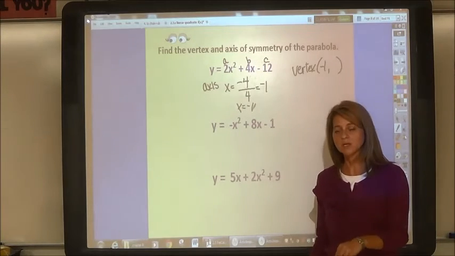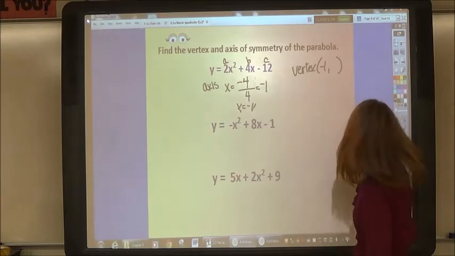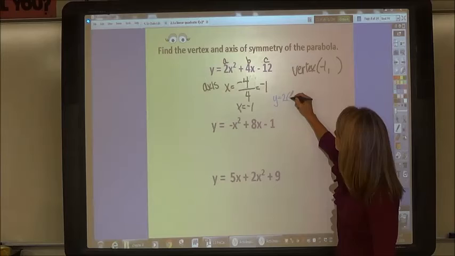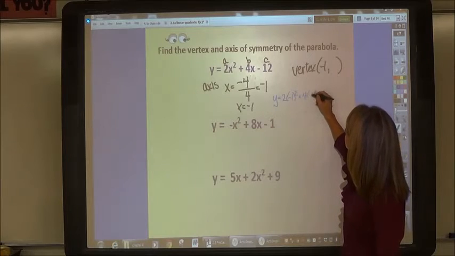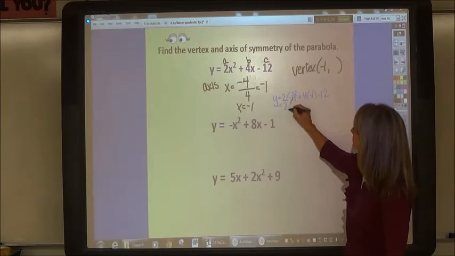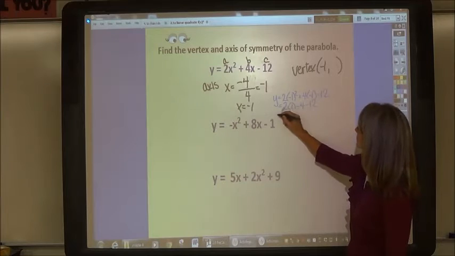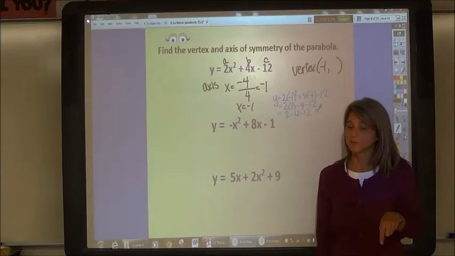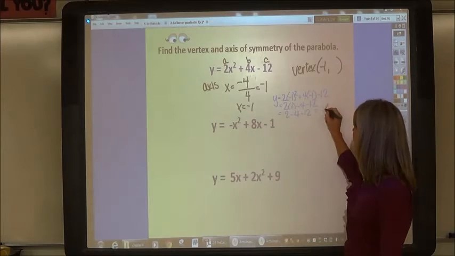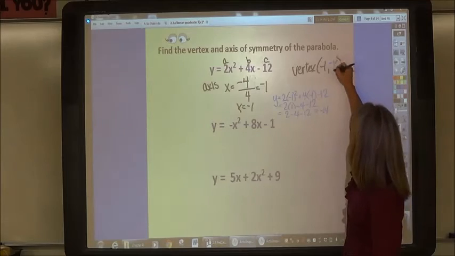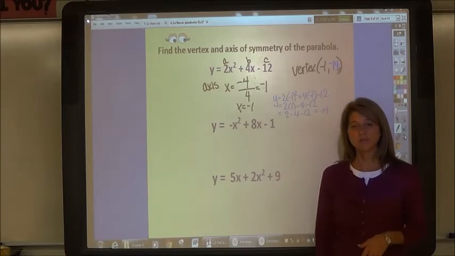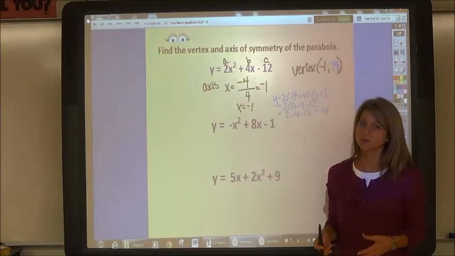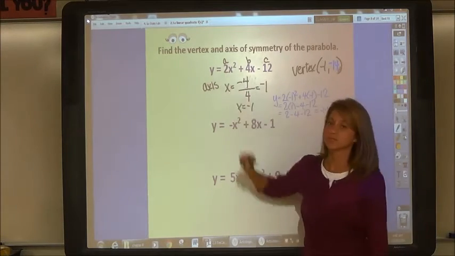We'll just put -1 back into your original equation. Two minus 4 is -2, minus 12 more. So I know the vertex is -1, -14. And if I think about it, I also know my parabola goes up because 2 is positive.